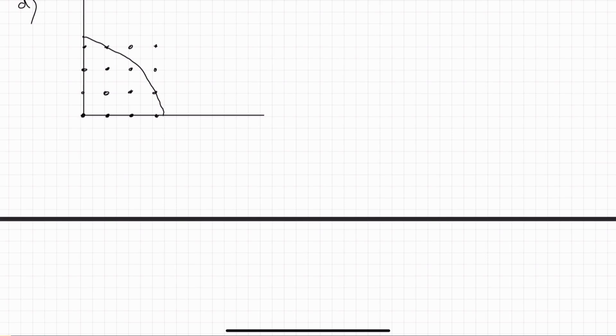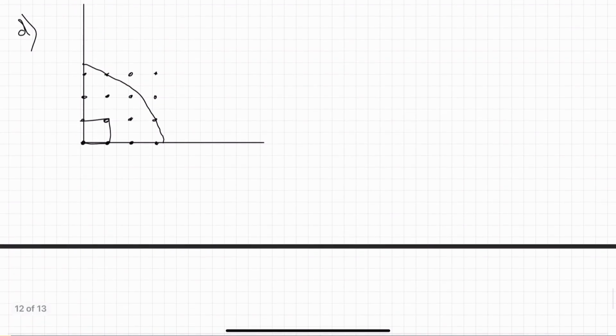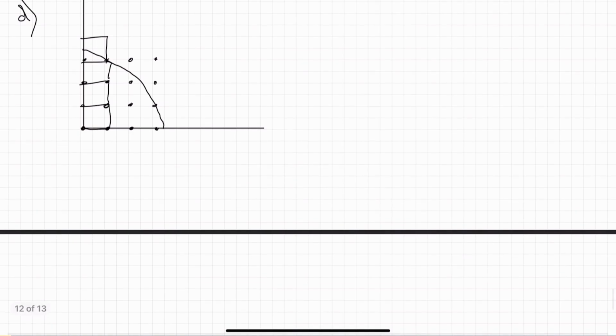For example, if we let each point be the bottom left of a square, then we have this. This is the box that represents the bottom left of the origin. And then we have this, and we have this, because remember, it goes slightly outside, but that's fine.